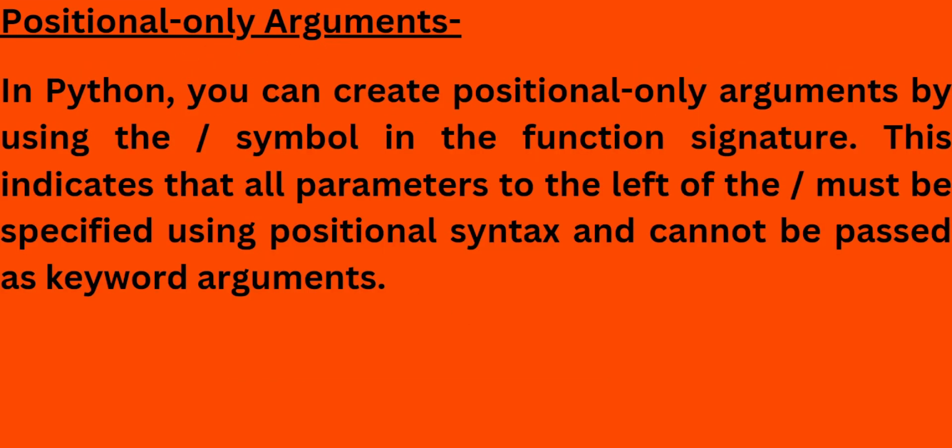Next, positional only arguments. In Python, you create positional only arguments by using the forward slash symbol. This indicates that all the parameters to the left of the forward slash must be specified using positional syntax only. Done.